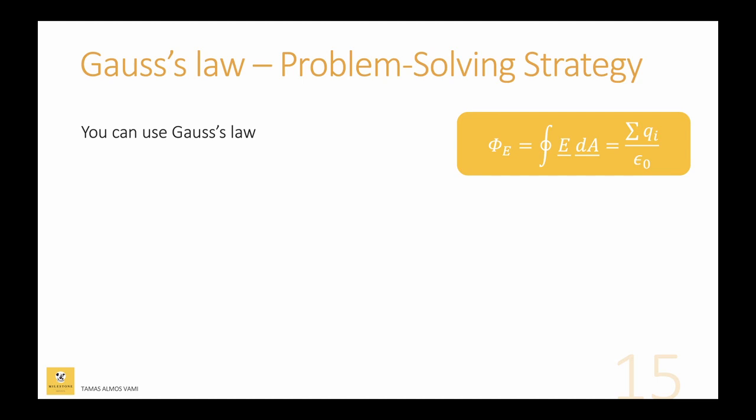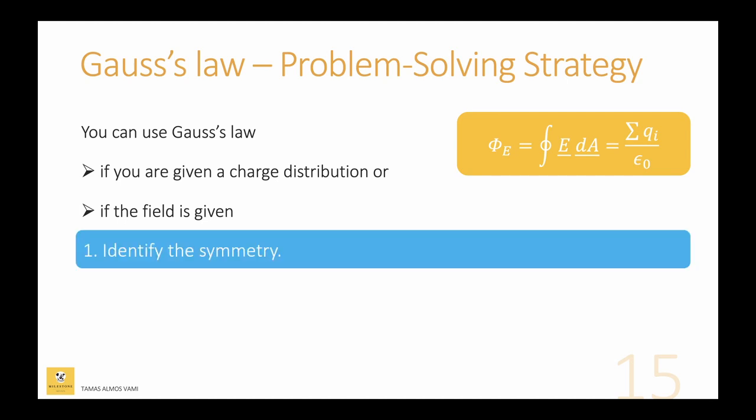I will keep up the equations here. So again, the surface integral of the electric field is the same as the charges inside of the surface divided by this constant epsilon zero. We will use this if either you are given a charge distribution or if the electric field is given, and then they are asking you about the other.